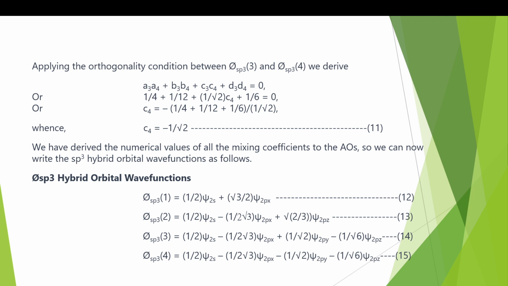Likewise, the contribution of 2pz and 2py, we have evaluated them and put here in equation number 12, 13, 14, 15. Thus, we have evaluated the mixing coefficients and got the final equations for the orbital wave functions.